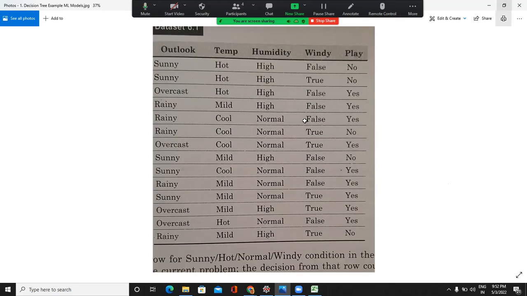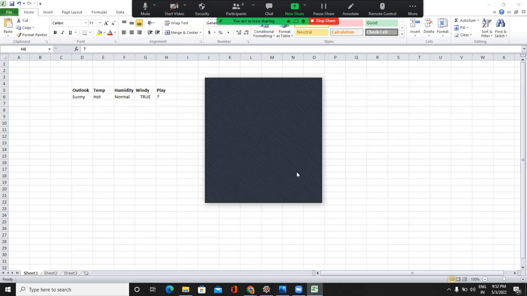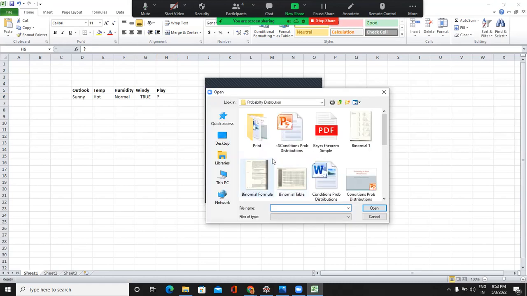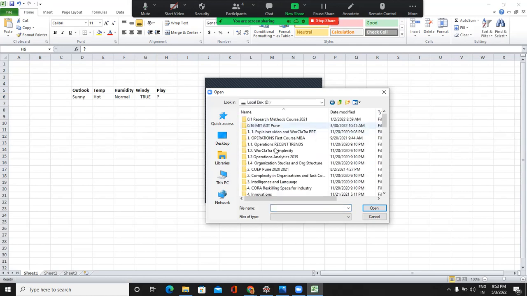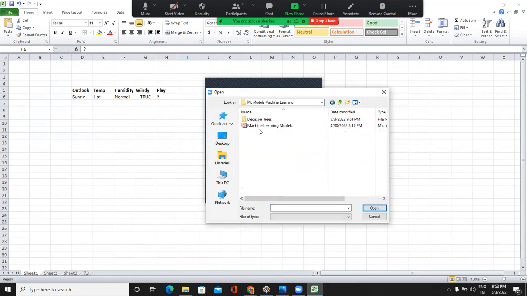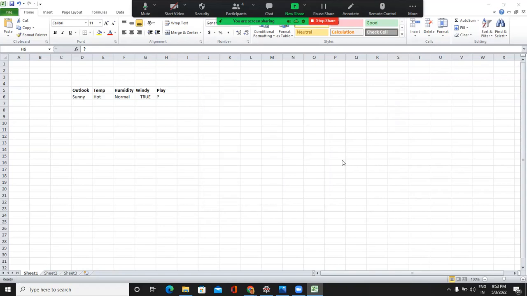I'll share this data set in chat so you can save it on your computer also. It's a 2 MB JPEG picture. You can save that and refer to it in between.